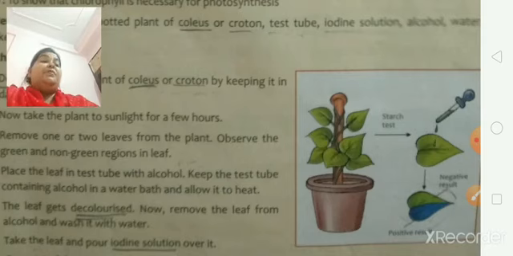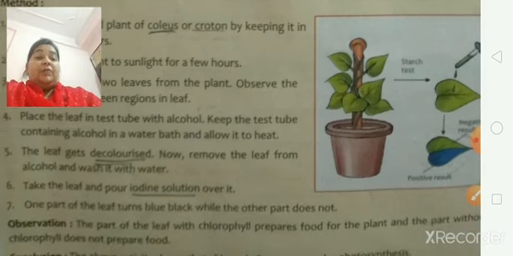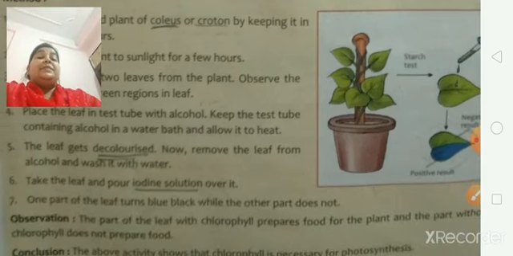If chlorophyll is present there, that means the starch has been made. Now the leaf gets decolorized.